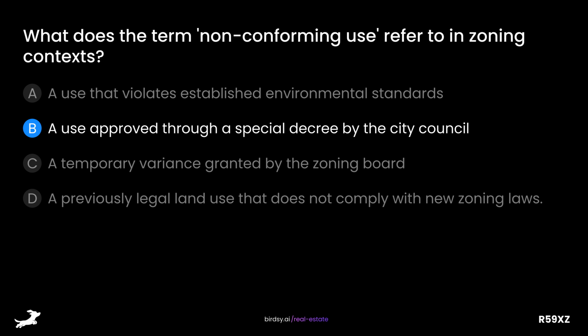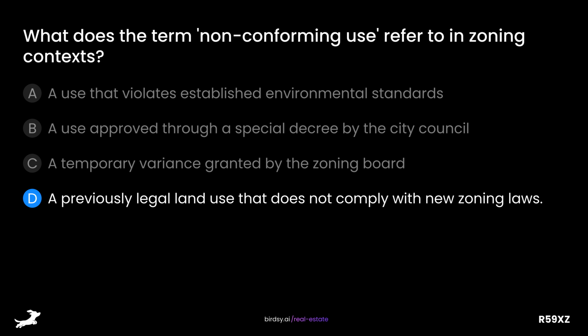B, a use approved through a special decree by the City Council? C, a temporary variance granted by the Zoning Board? Or D, a previously legal land use that does not comply with new zoning laws? The answer is D, a previously legal land use that does not comply with new zoning laws.